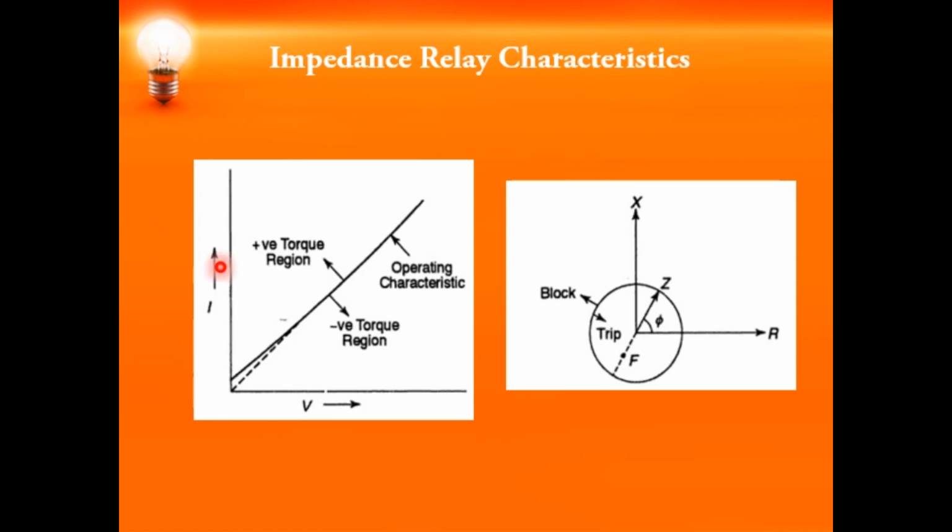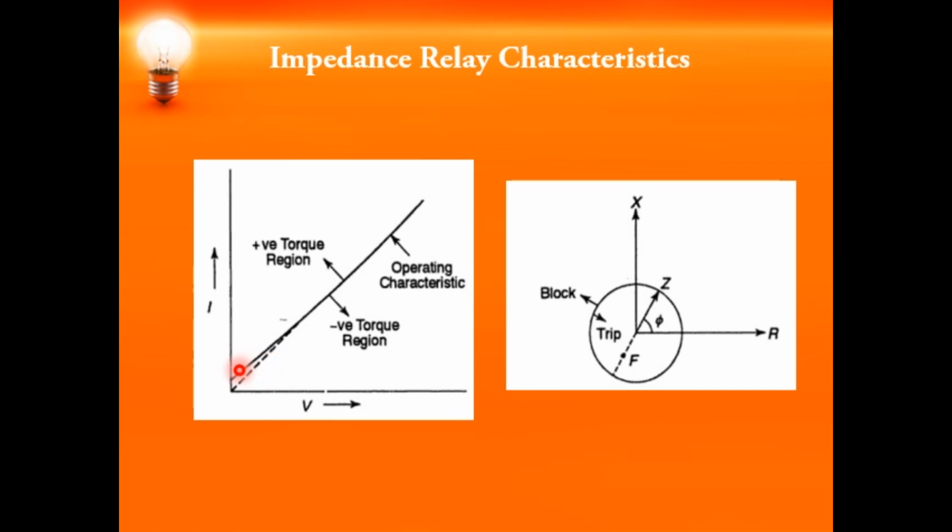The operating characteristics of an impedance relay you can observe here: voltage along the x-axis and current along the y-axis. You can see two lines here, one dotted and the other a solid line. The dotted line along with this dark line represents the operating characteristics of a static relay or a microprocessor based relay.